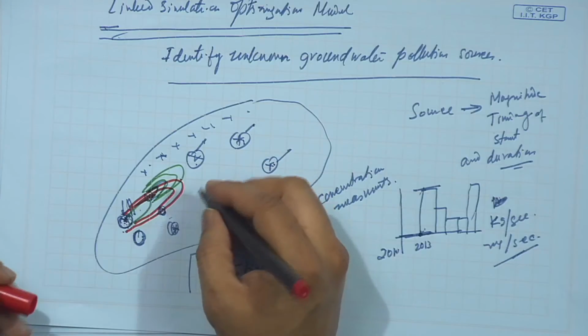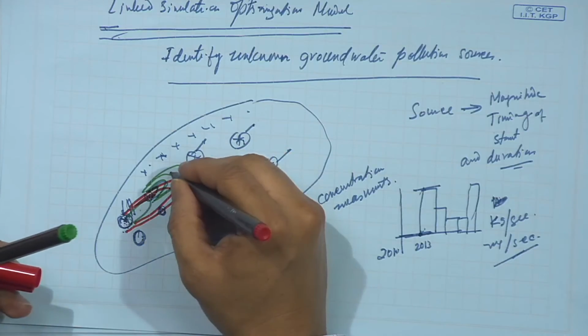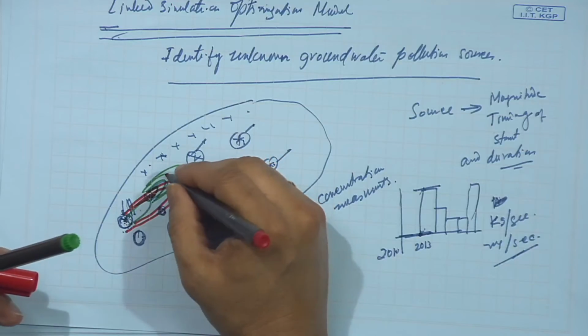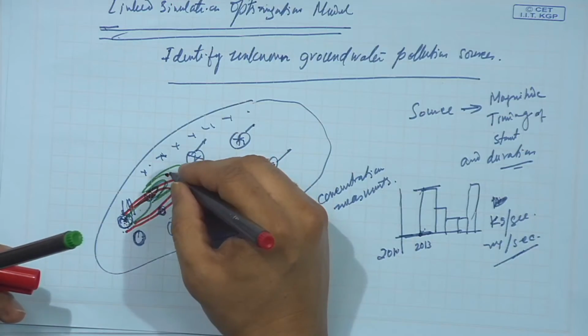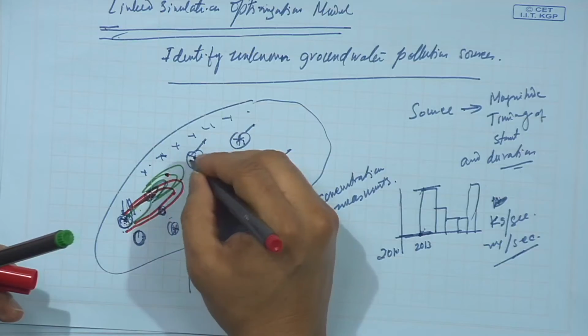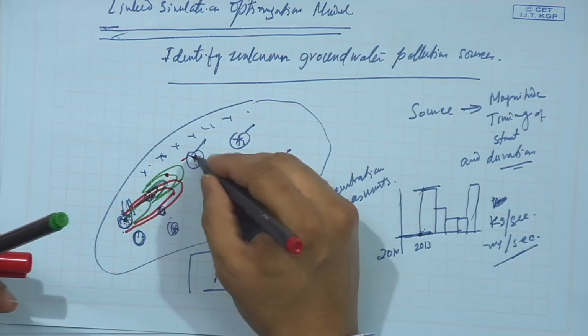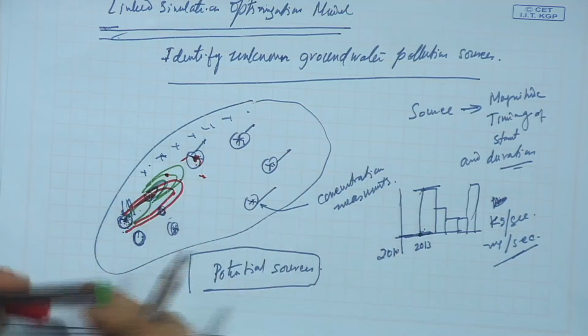You might have some measurement of concentration at this point and this point. Then maybe next year you also have some concentration at this location, because the plume might have actually gone this far. You will have some values here or somewhere else.